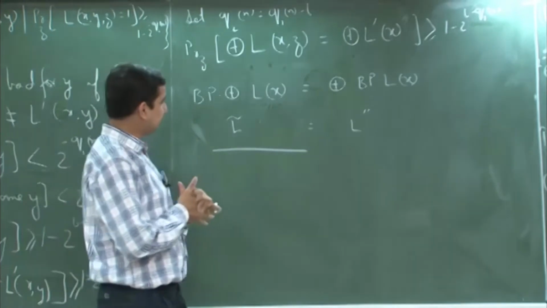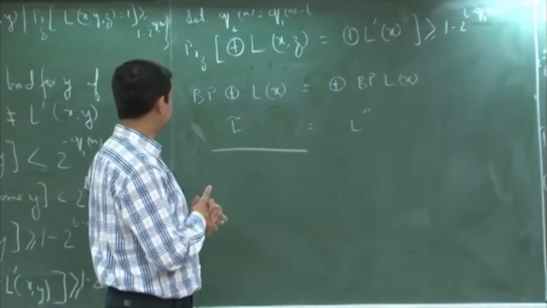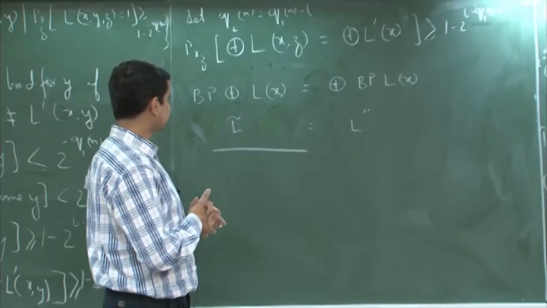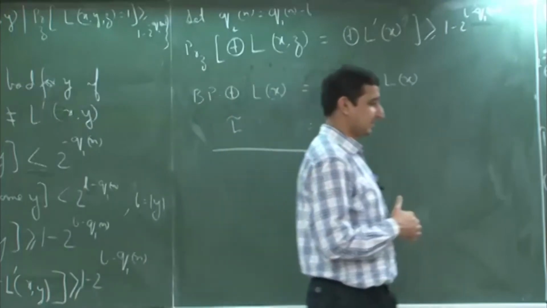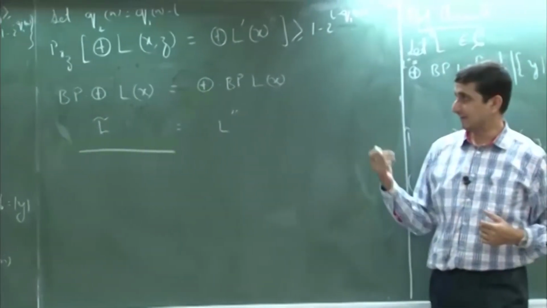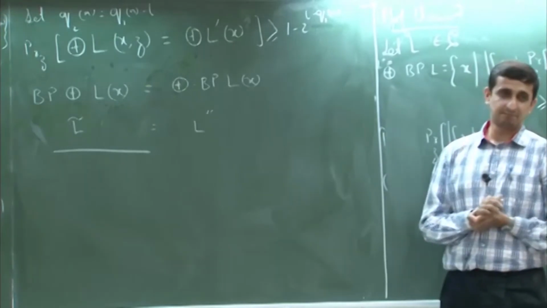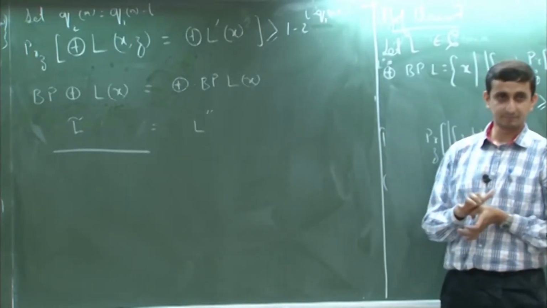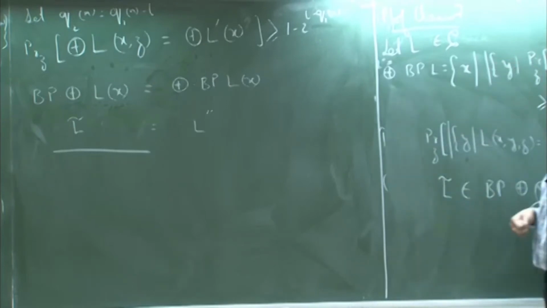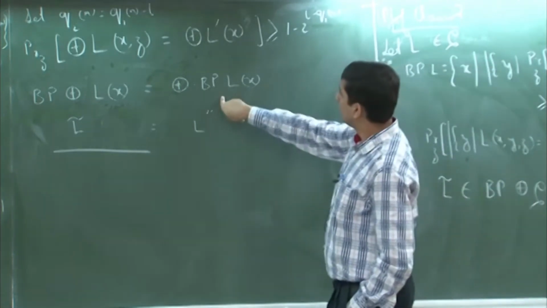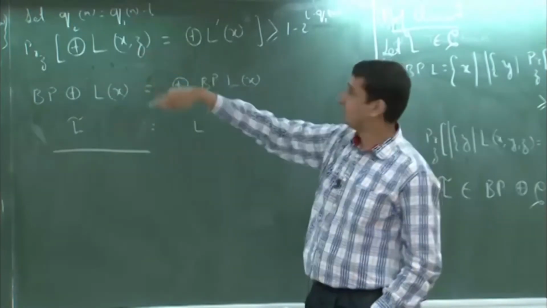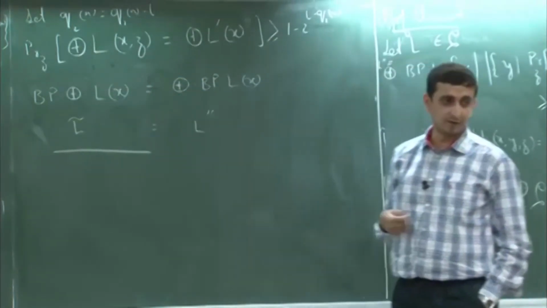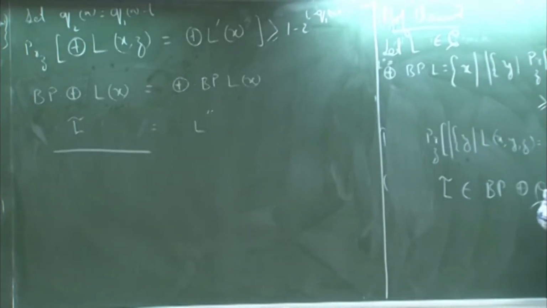So notationally, I can erase this and rephrase this in English, but as long as the idea is clear, I think it should be fine. This one follows from the definition, right? So L prime was BP dot L, right? So I am just adding the parity operator to it. So for an odd number of y's that happens.